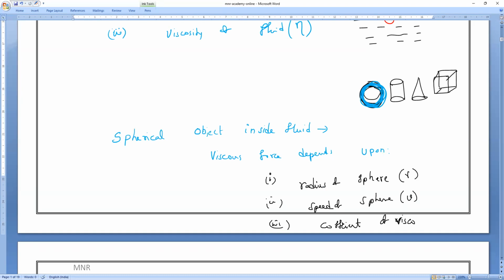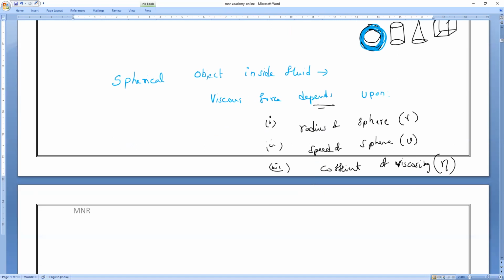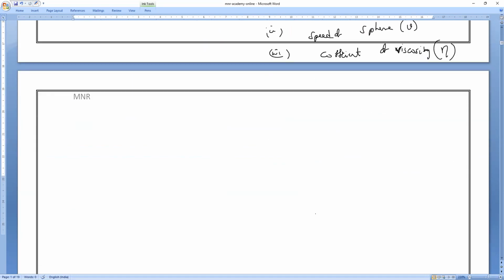Just now we studied it: eta. Understand? So the viscous force depends on these three things. The viscous force is directly proportional to the radius of the sphere, the speed of the sphere, as well as the coefficient of viscosity.